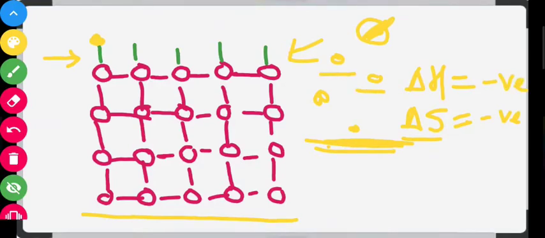But as the number of particles adsorbed on the surface increases, the negative value of delta H starts decreasing step by step.